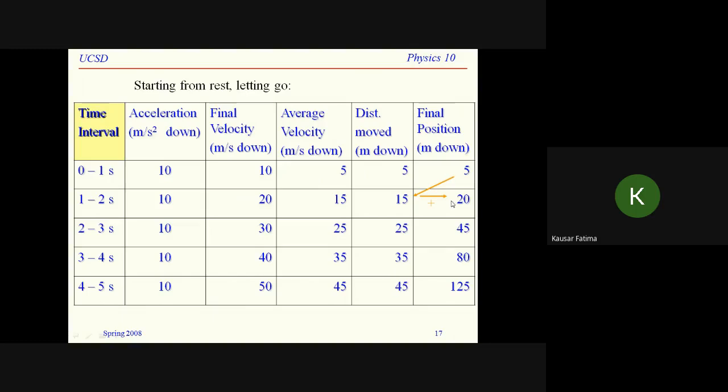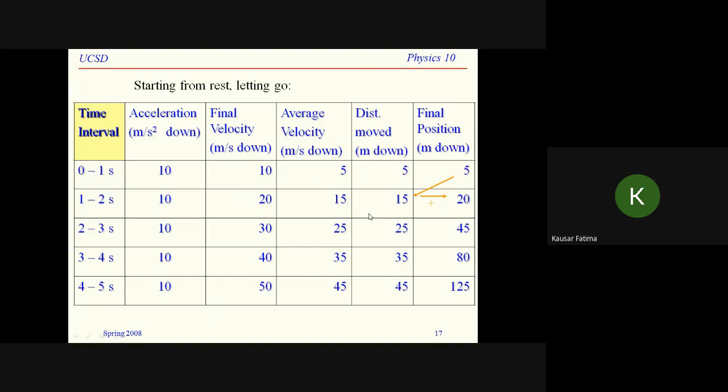So the total distance covered here is 125. First second 5 meters, 2 seconds 20, total 3 seconds 45, total 4 seconds from 0 to 4 is 80, and from 0 to 5 it is 125.